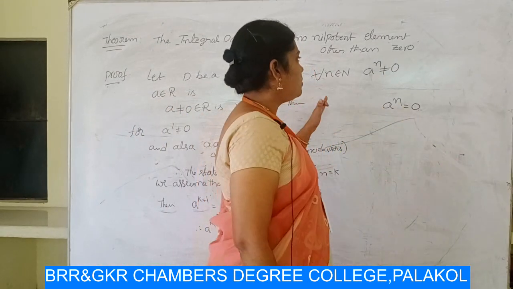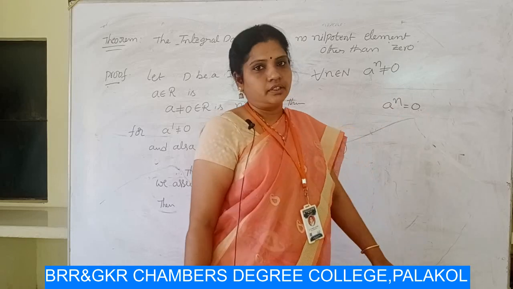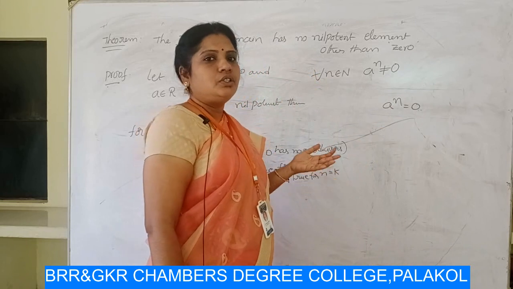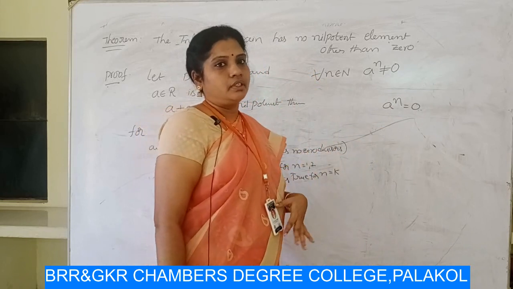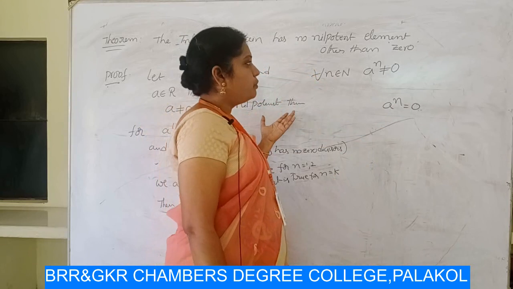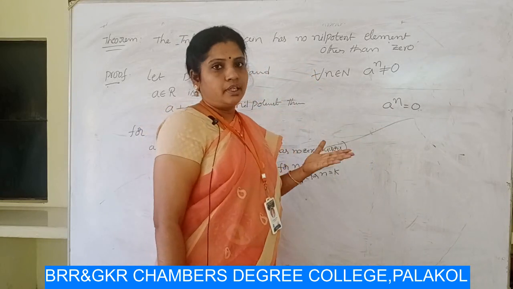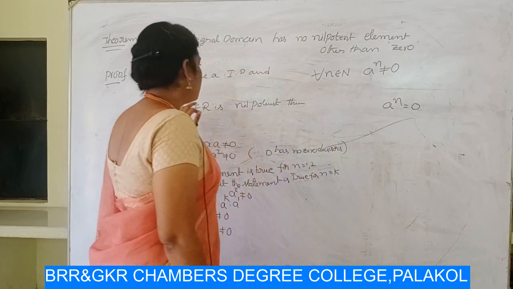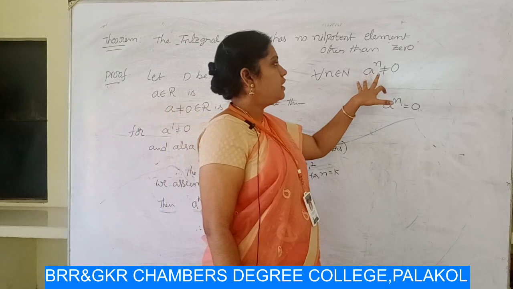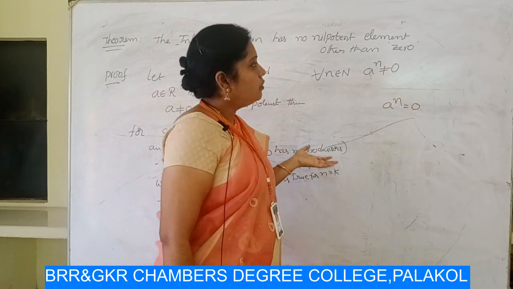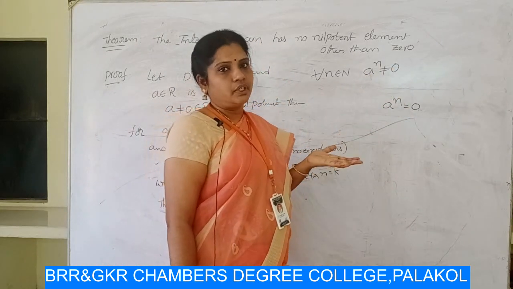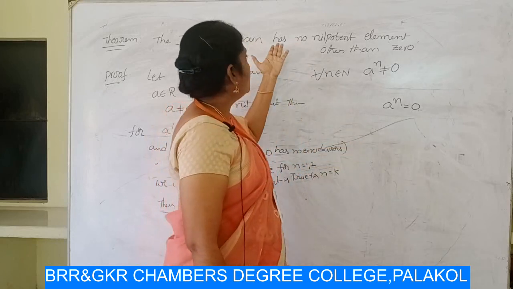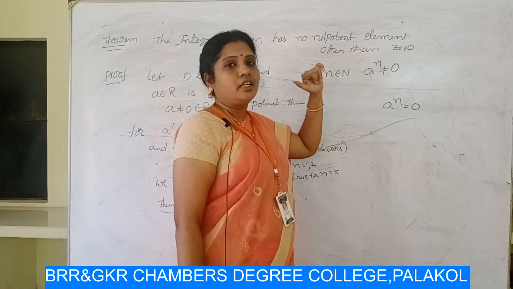That means that non-zero element is not a nilpotent element. So in our integral domain, only the zero element is a nilpotent element. So the final statement is that the integral domain has no nilpotent element other than 0.